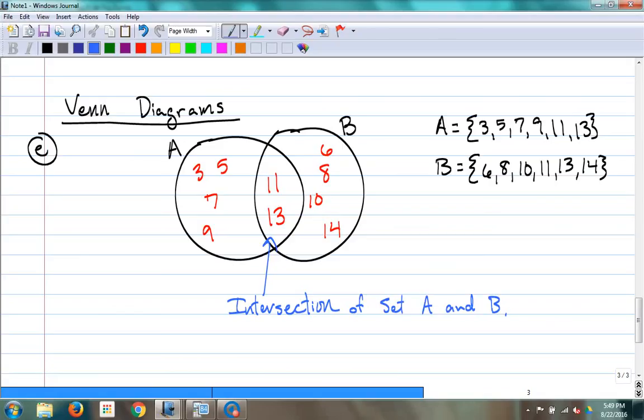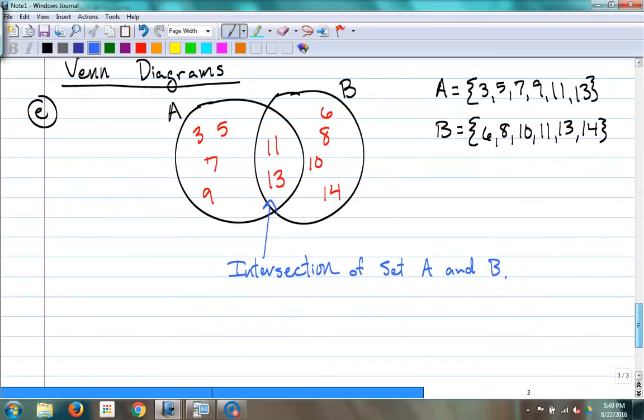Now, let's get some notation out of that. How do you write the intersection of set A and B? A intersect B. It's like an upside down U. That's what that is. Upside down U. It is the set of 11 and 13.